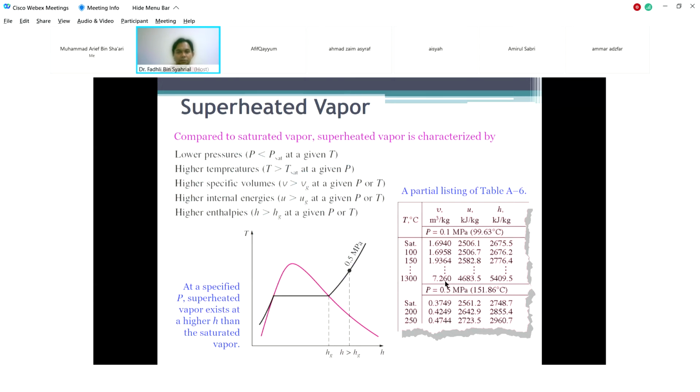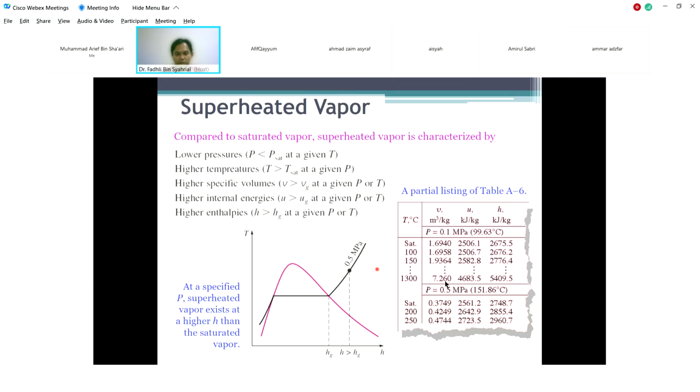Okay, next one is superheated vapor. Superheated vapor is the phase that is located in this region. So this is the point. Basically, the point of superheated vapor is located around this region.